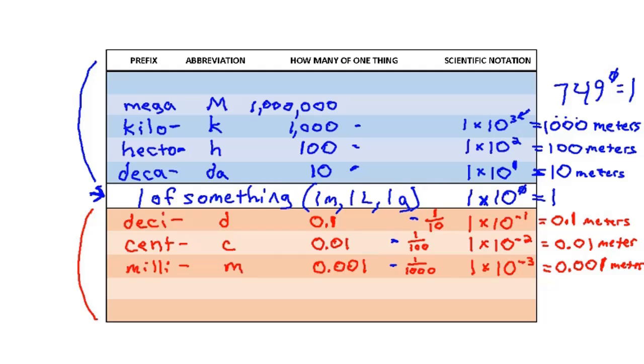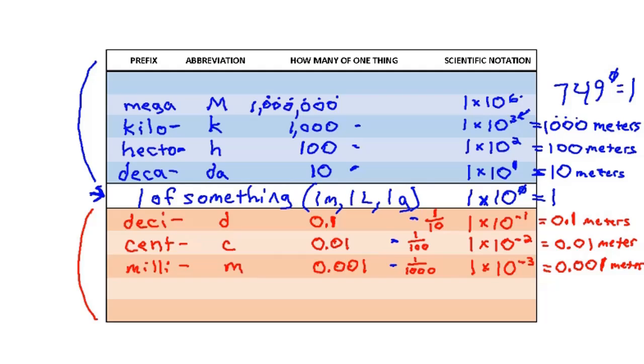So if you have a megameter, you have 1,000,000 meters. And that scientific notation, we were doing 10 to the 1, 10 to the 2, 10 to the 3, but now we're going to jump up and say 10 to the 6th. Because see, if you notice on 1,000,000, there's 6 zeros after that 1. There's 1, 2, 3, 4, 5, 6. So that means we're going to have 10 to the 6th.